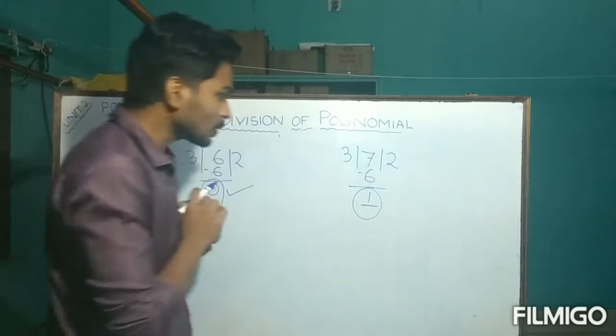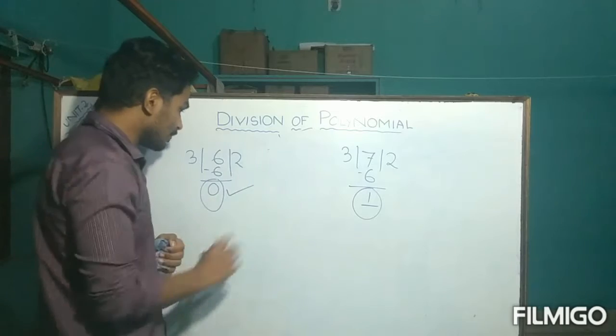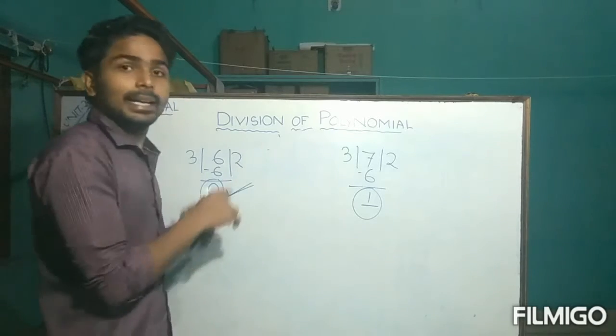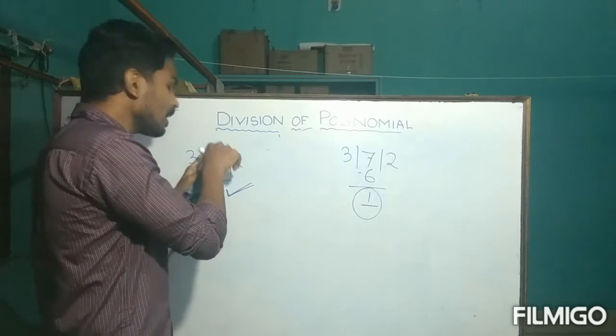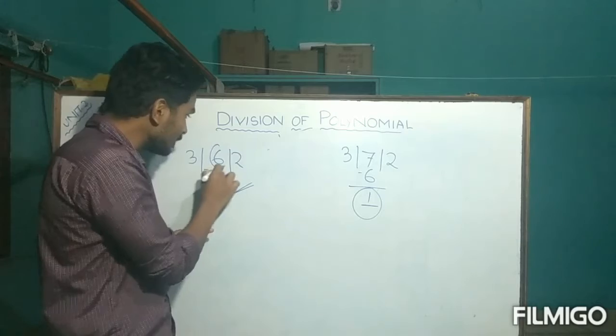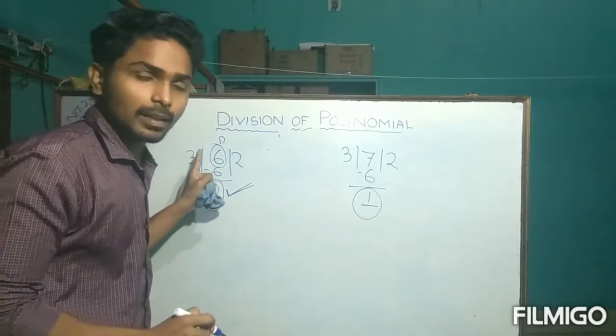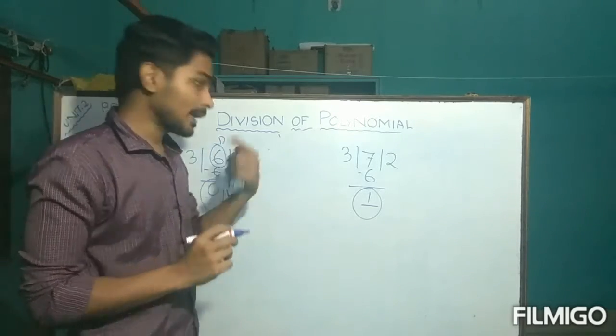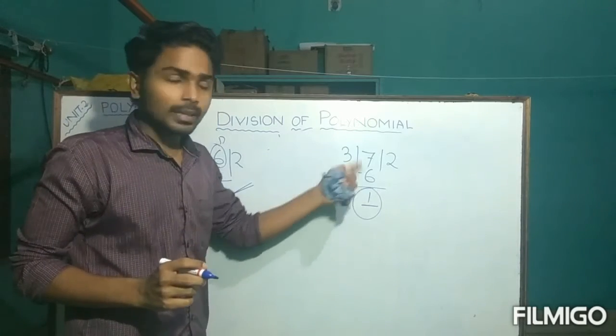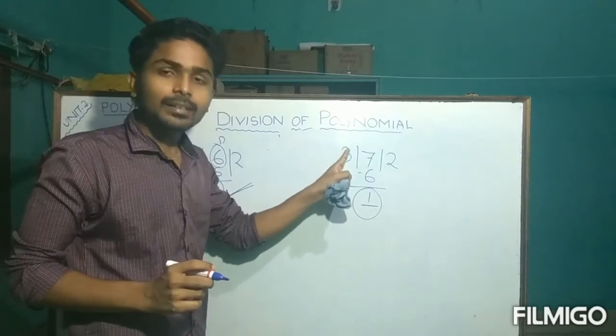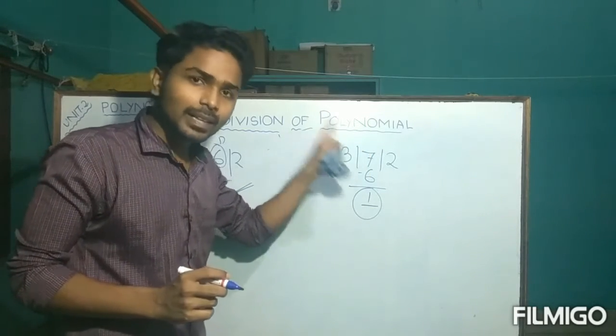So we conclude that if the remainder is 0, the number, or the dividend, is completely divided by the divisor. But if the remainder is not 0, then the dividend is not completely divided by the divisor.